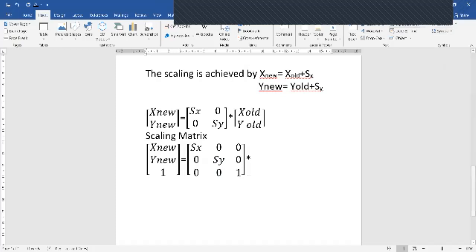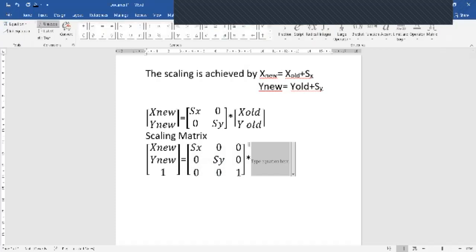Now we will multiply it. Here we will write the coordinates x old, y old, and then 1.